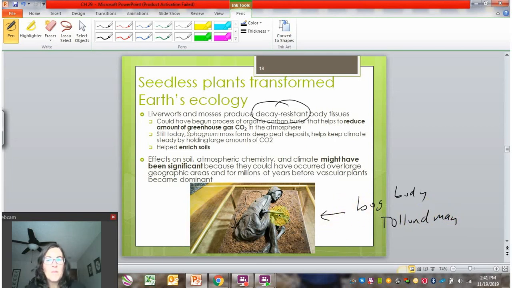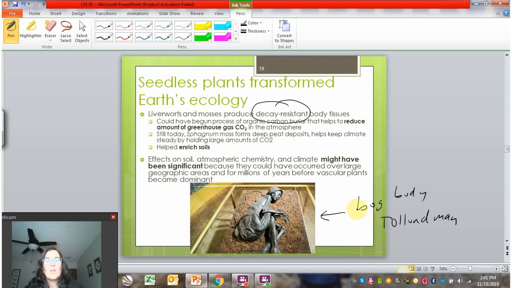So bog bodies were bodies that ended up in the bog sometime during the Iron Age, so thousands and thousands of years ago. And the bodies are preserved so well, so you can actually see the skin still here. The hair is oftentimes preserved because the environment is so acidic.